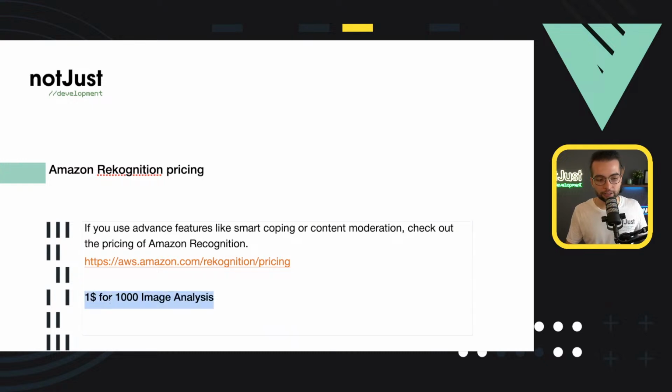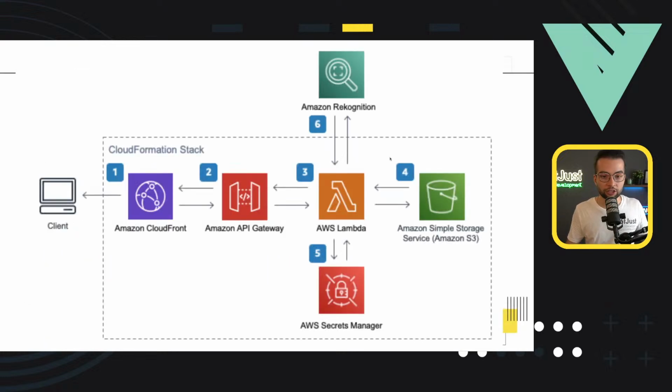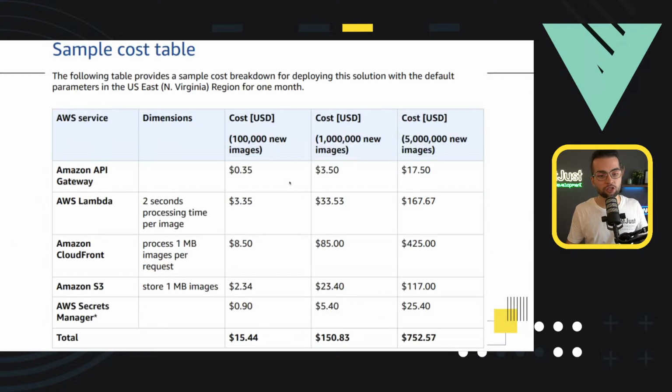I gave you a little example from the documentation: to analyze 1,000 images, it's around $1. And the more images that you analyze, the cheaper it gets. So use Rekognition responsibly, because most probably this is going to be the most expensive part of your architecture, because everything else is quite cheap.